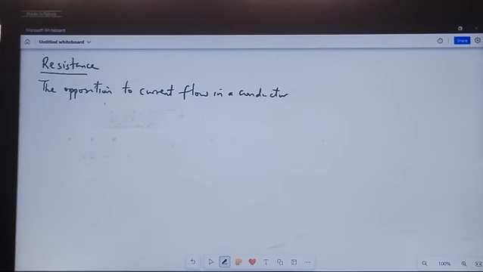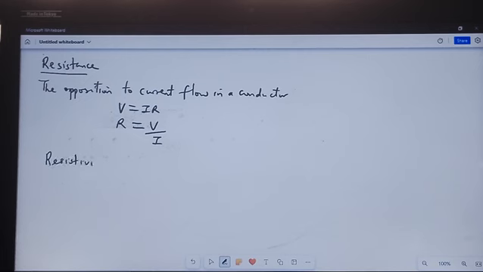Of course, recall that the equation representing Ohm's law is V is equal to IR. So from that equation, we can get an expression for resistance as V over I. So we can also define resistance as the ratio of the potential difference to the current flowing through a conductor.